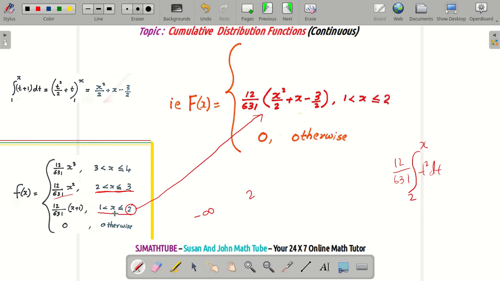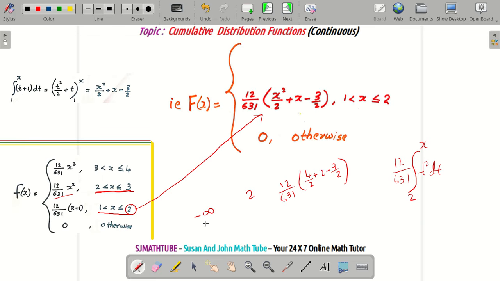Look at this. I'm going to find the sum of all the probabilities from minus infinity to 2. And it's very easy. I'll just plug in 2 over here. So I get 12 by 631 and 4 by 2 plus 2 minus 3 by 2.